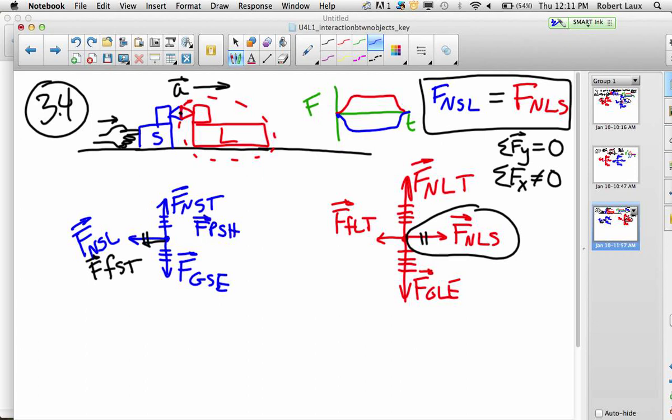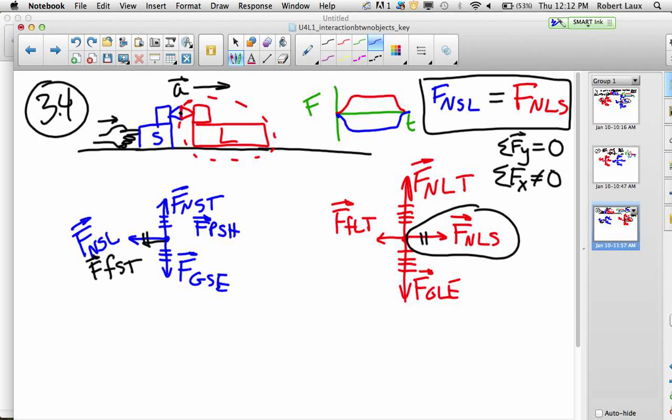Now, I want to take a moment. When you're caught up, put your pencil down because I want you to think about this before we write it down. How big does the force of push on the small car by the hand to the right have to be compared to the other forces we've drawn up here so far? Just think about it for a second.